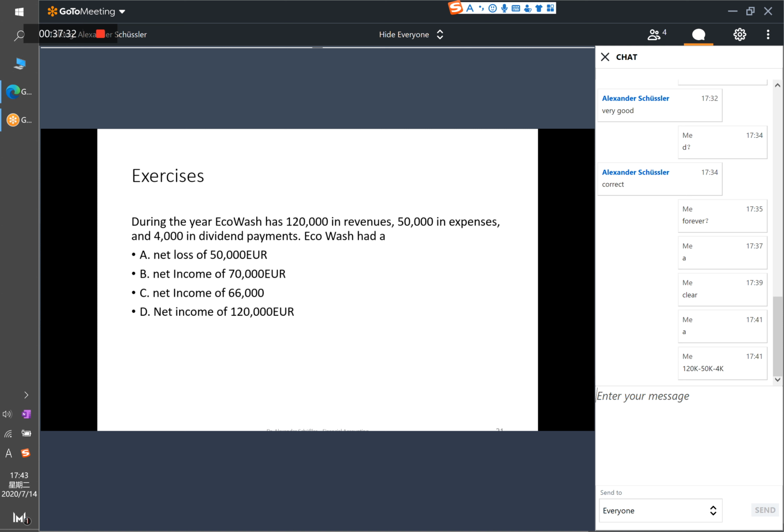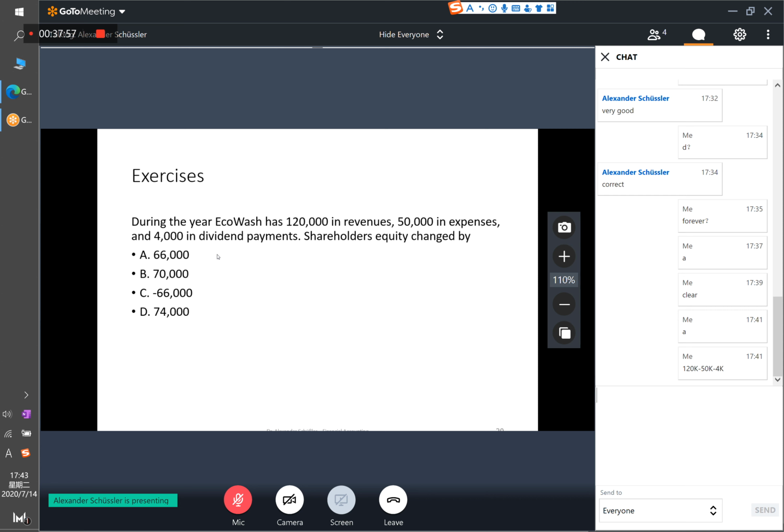EcoWash had a net loss of 50,000, net income of 70,000, net income of 66,000, or net income of 120,000. What is the correct answer here? Think about it. The last question was about how shareholders' equity changed. This one is about the net income.